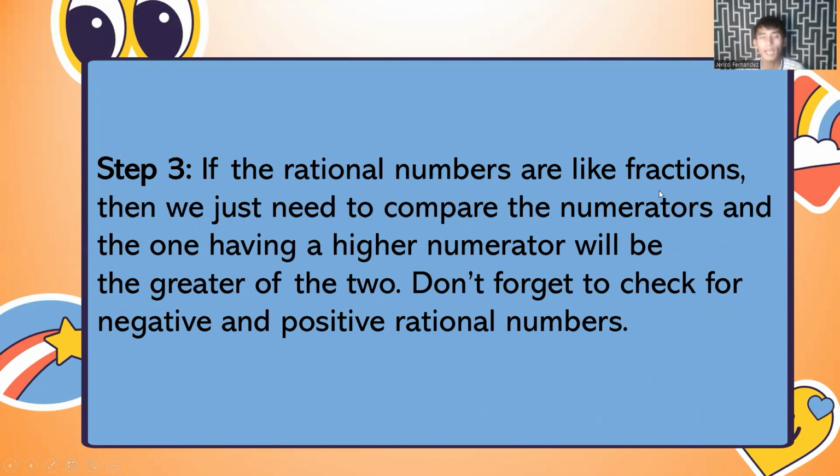So kapag daw nakita natin na ang ating fraction or given is like fractions or they have the same denominator, titingnan na lang natin ay ang numerator. So i-check natin alin bang numerator ang mas malaki. And then that will be the greater of the two rational numbers given.